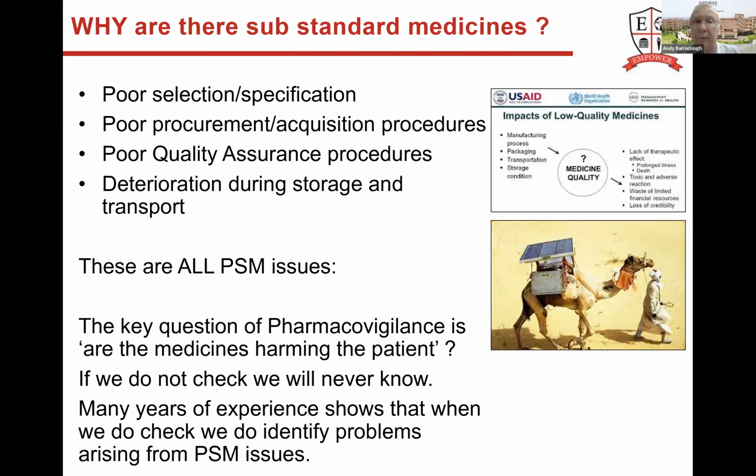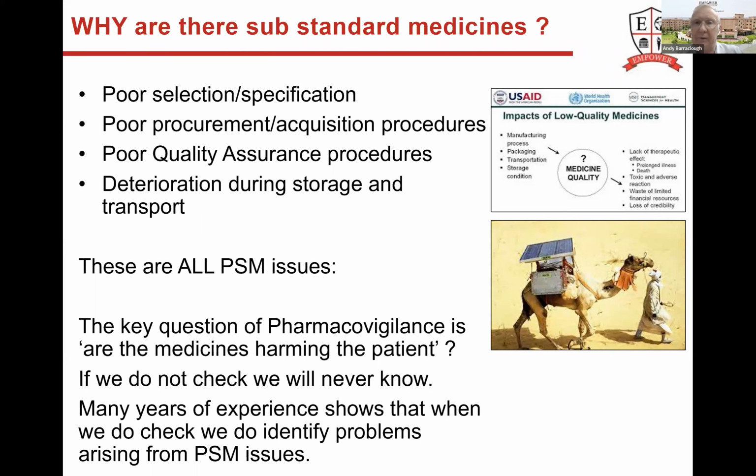How does that happen? Well, through poor selection. We're buying medicines which we could never control the quality of with the resources that we've got. That's poor selection. We're undertaking poor procurement procedures. We've got procedures geared towards the lowest possible price. That's wrong. We have the lowest evaluated price.